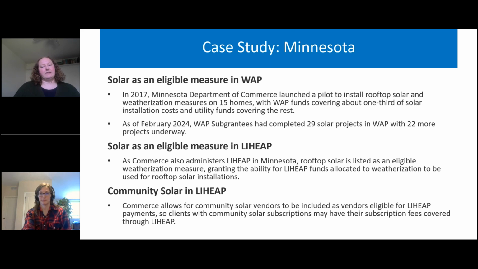Additionally, Minnesota focuses on strategic partnerships that are crucial in developing and adapting program design. Minnesota works with Xcel Energy to provide upfront incentives and production-based incentives, as well as local service providers to administer WAP and identify solar eligible homes, and local solar installers to provide competitive pricing and install solar photovoltaic systems.